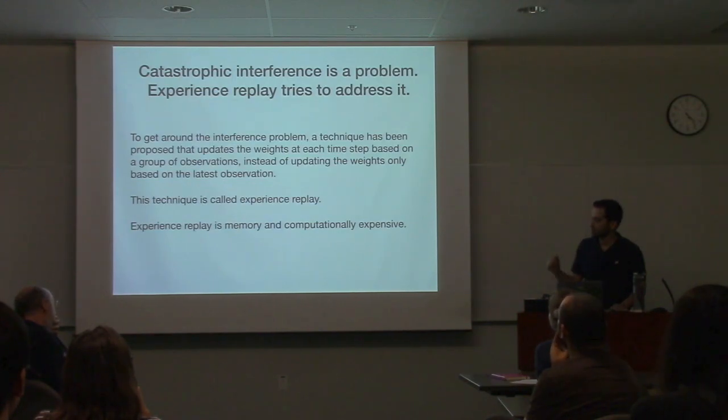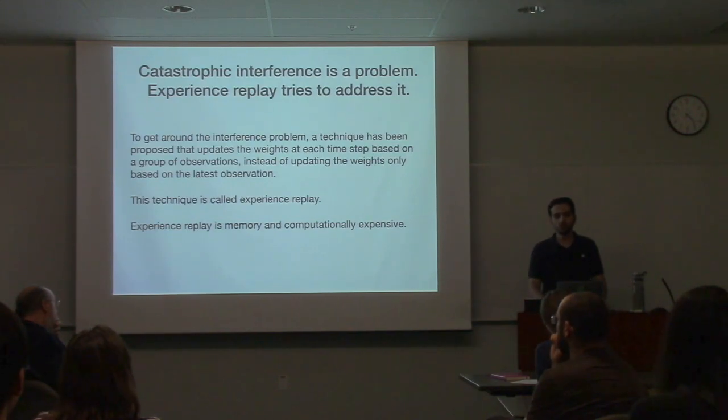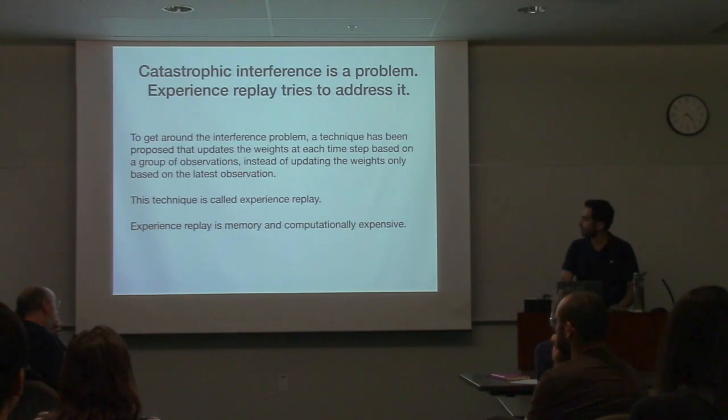This technique is called experience replay, and it successfully works around this problem. Lots of people use it. Needless to say, it's memory expensive because you need to save lots of the observations that you've had in the past. It's computationally expensive because you need to do batch updates at each time step.